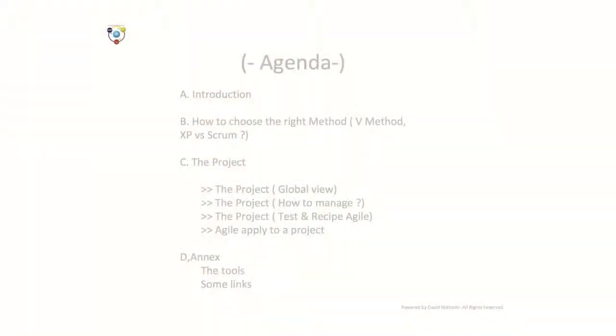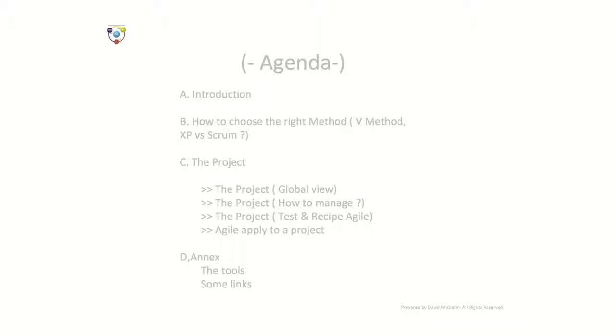We're going to first get an introduction to see what the project is, how to plan it, and how to choose the method. Next step, we're going to learn how to choose the right method between V method, XP, and Scrum Agile. After that, we're going to see the project in a global view, how to manage it, how to test and receive in an agile way, and how to apply a project.